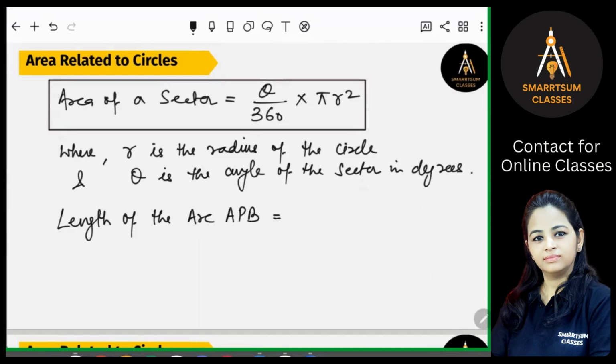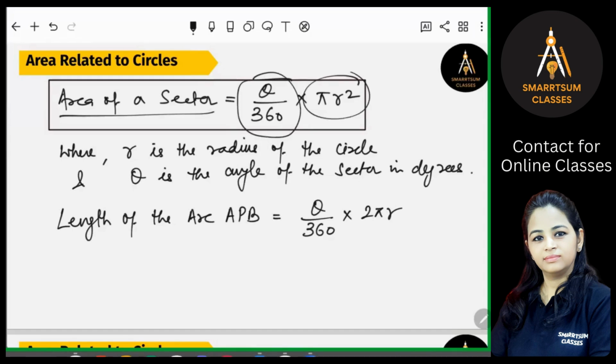APB of this sector will be equal to theta upon 360 degrees into 2 pi r. Exactly in the same way, for the area of the sector it was theta upon 360 degrees into the area. Now we are finding the length of the arc, so theta upon 360 degrees by the unitary method into the length of the boundary. The length of the arc is actually a part of the boundary.